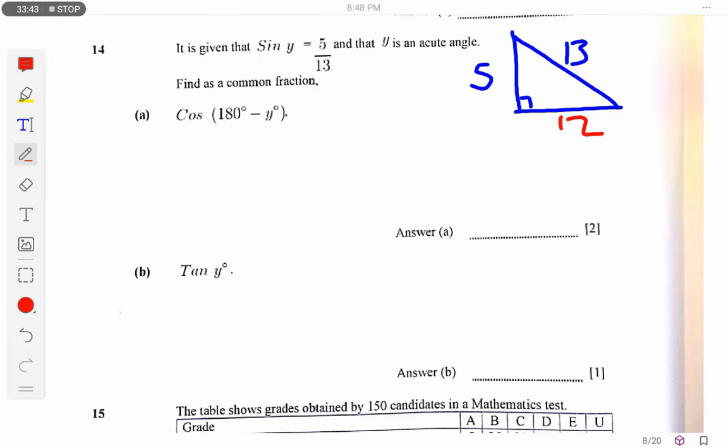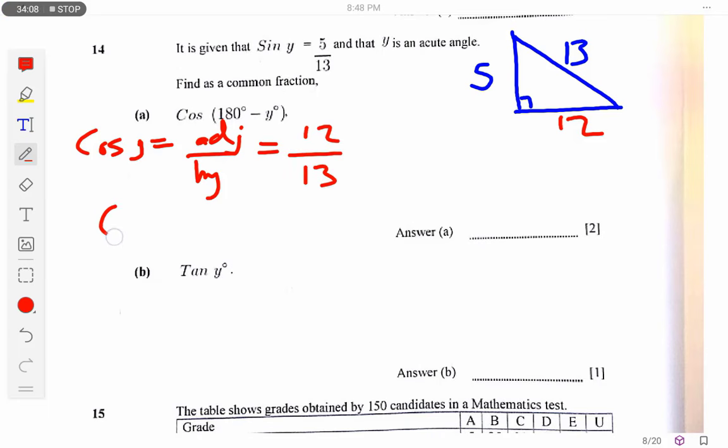They are saying find, as a common fraction, cos of (180 degrees minus y degrees). Let me just take cos y, which is equal to adjacent over hypotenuse. My adjacent is 12 over my hypotenuse 13. That's cos y.